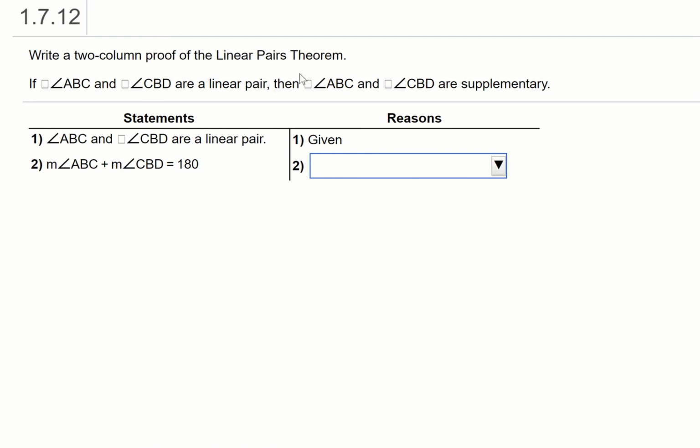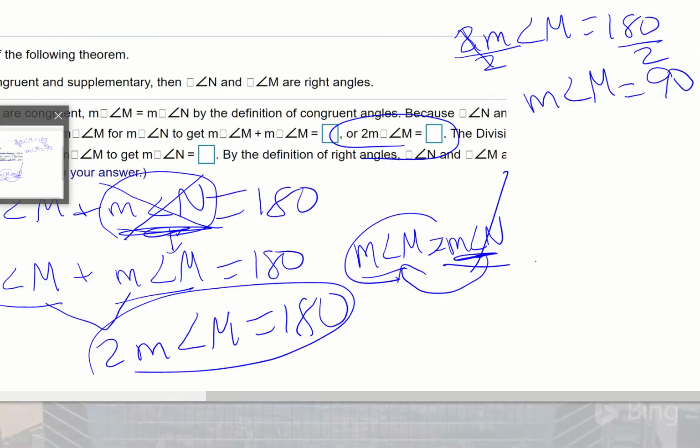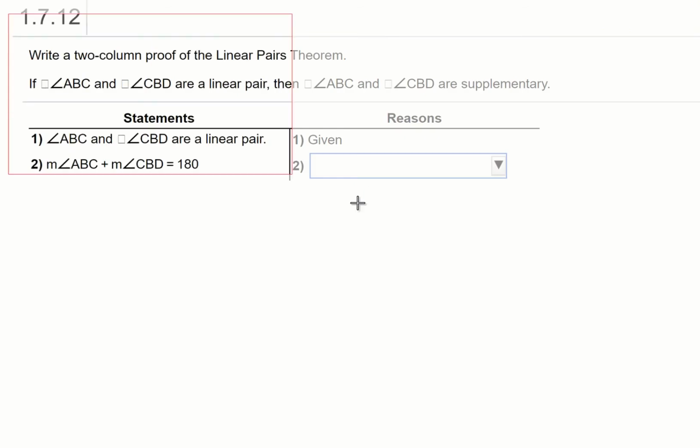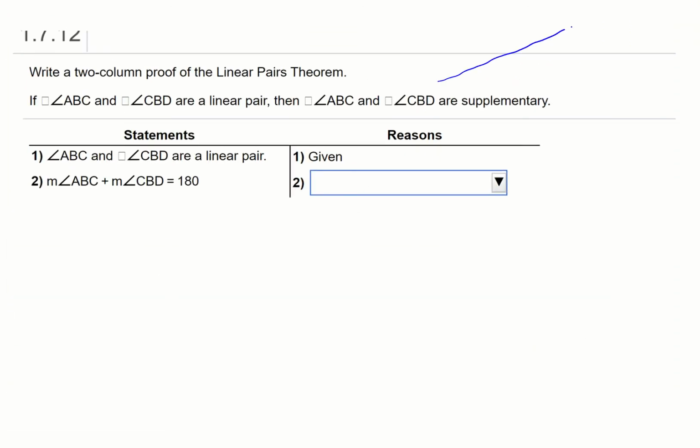Remember that a linear pair means, just to illustrate that, when you have 2 lines that cross, then you're looking at the angles that are next to each other. So for example, angle 1 and this angle, angle 2, the angles that are next to each other that are formed from 2 lines crossing, that is a linear pair. So those 2 angles in red form a linear pair. Okay, so that's what that means.